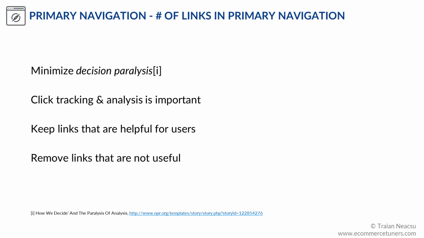This is where click tracking and analysis plays an important role. You identify which links are helpful for users using metrics such as the most clicked links and remove the ones that are not. If you have multiple links pointing to the same URL, you can decide either to leave only one link or to implement browser-side URL tracking parameters.